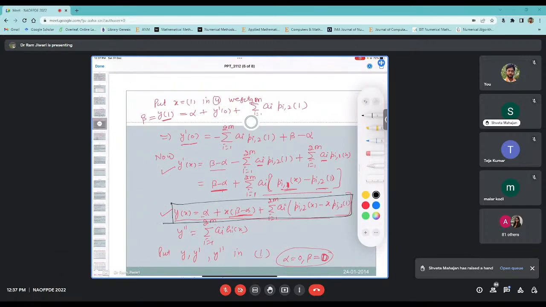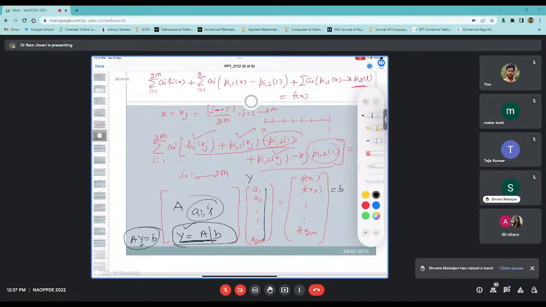Because this is unknown, this is known, and everything else is known. Actually there are many ways, because this was just one boundary problem. There are many boundary types. For example, if our boundary conditions are like this, this was the Dirichlet boundary condition.